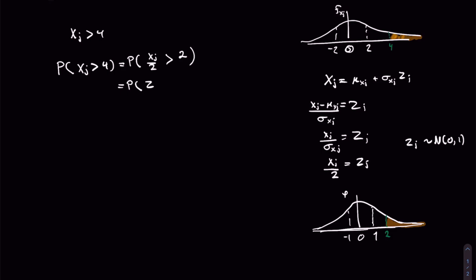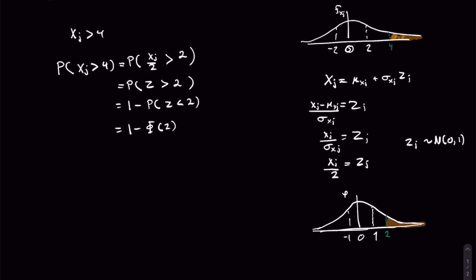So we just write z larger than 2, and we are also going to write down the complement instead to flip the inequality, to say, well, this is the definition of the CDF of z evaluated at 2.